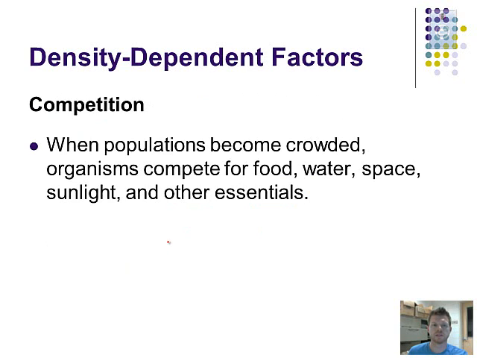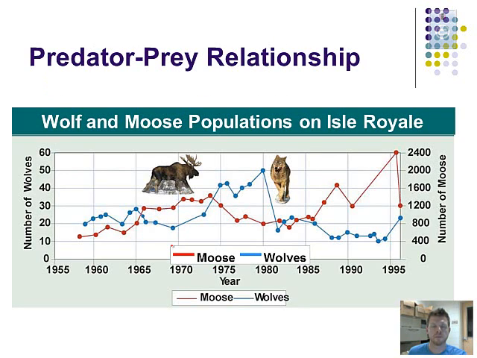So with competition, when populations become crowded, organisms compete for food, water, shelter, space, sunlight, everything that is essential for survival. Another factor we might want to take a look at is the predator-prey relationship, where the main resource for our wolves here is the moose that they eat.